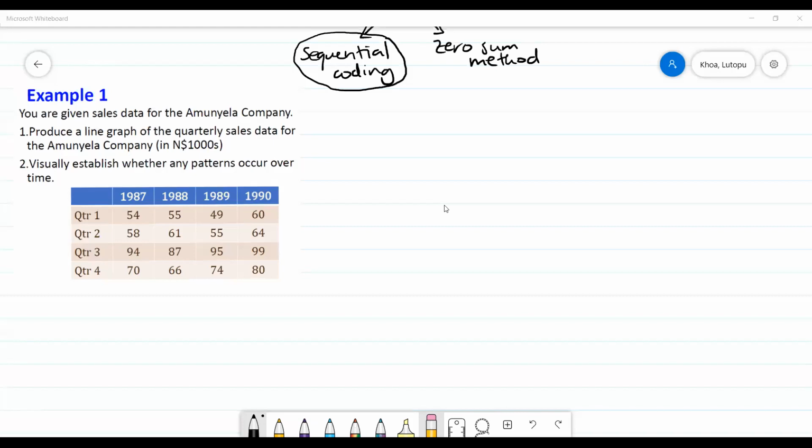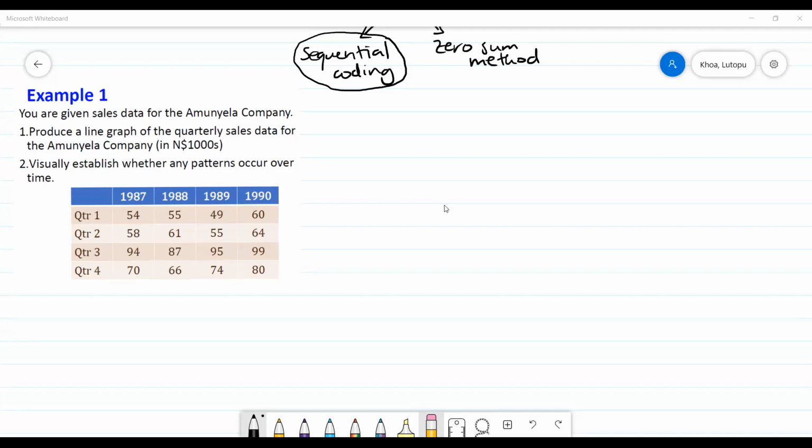Okay, so here's an example that you could get in the test. It says you're given sales data for the Amanyala company. Produce a line graph of the quarterly sales data for the Amanyala company in thousands of Namibian dollars.